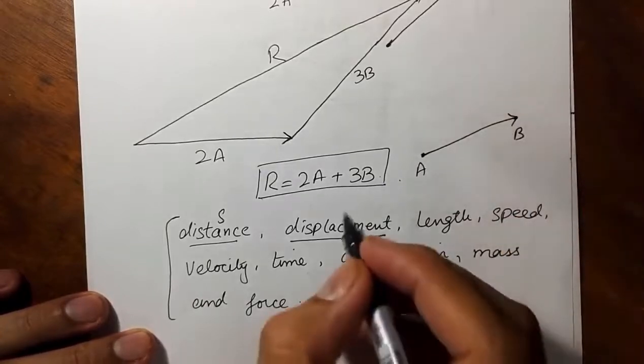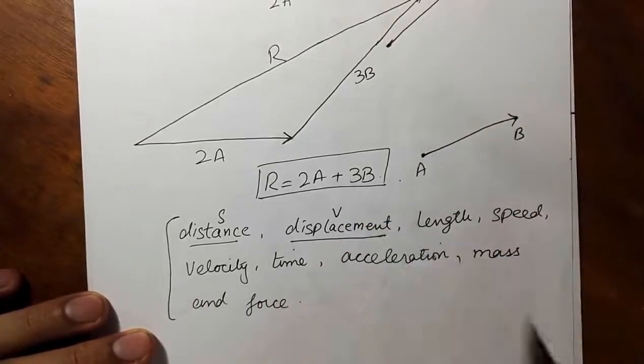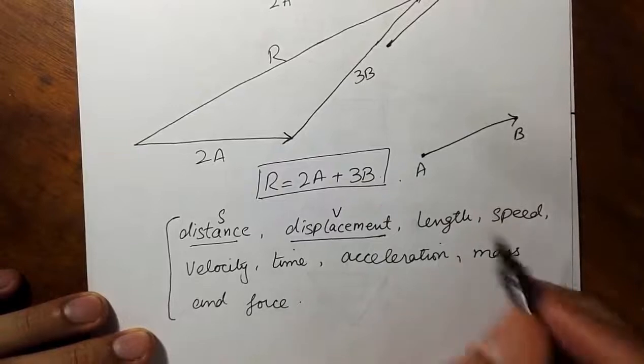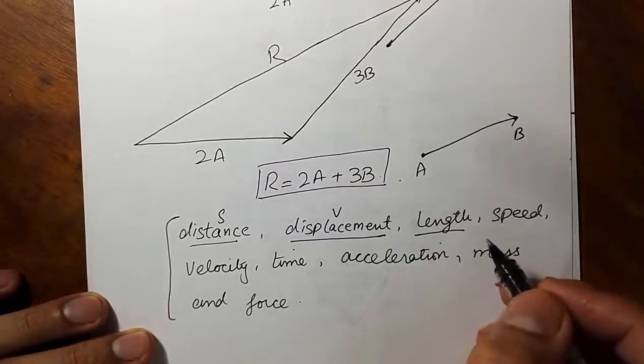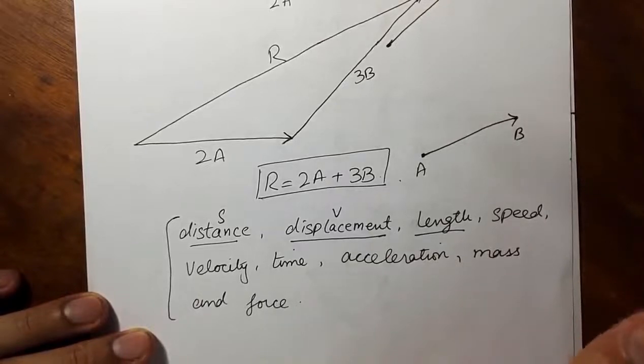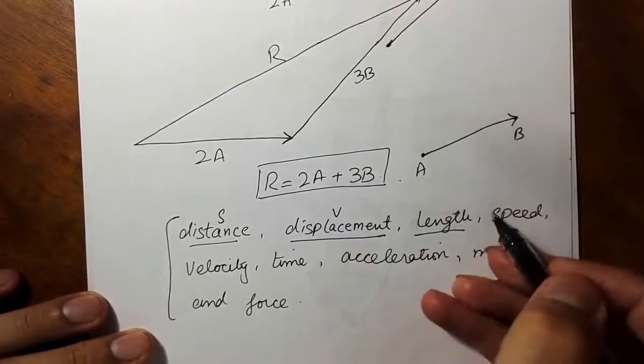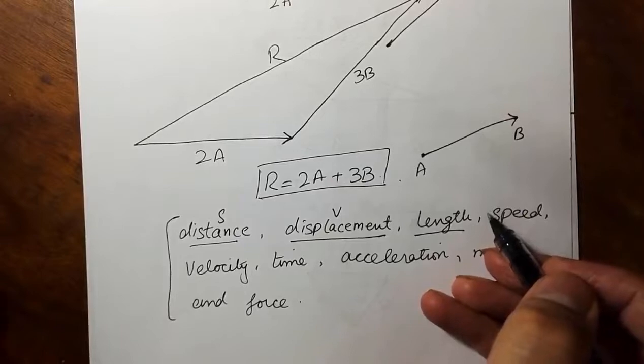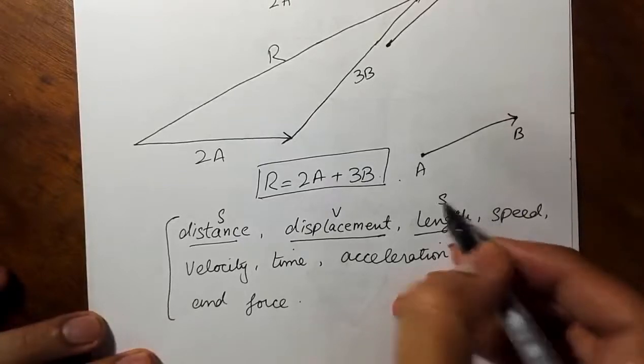So this displacement is a vector quantity. Next, length. Length and distance are almost the same, but length does not have any direction, so length is also a scalar quantity.